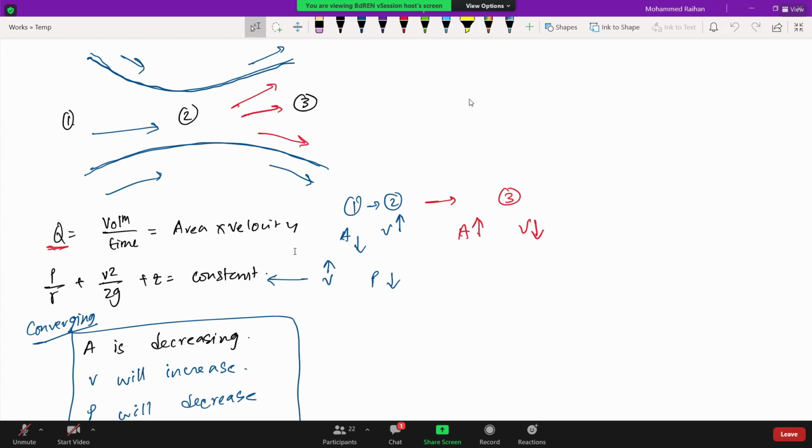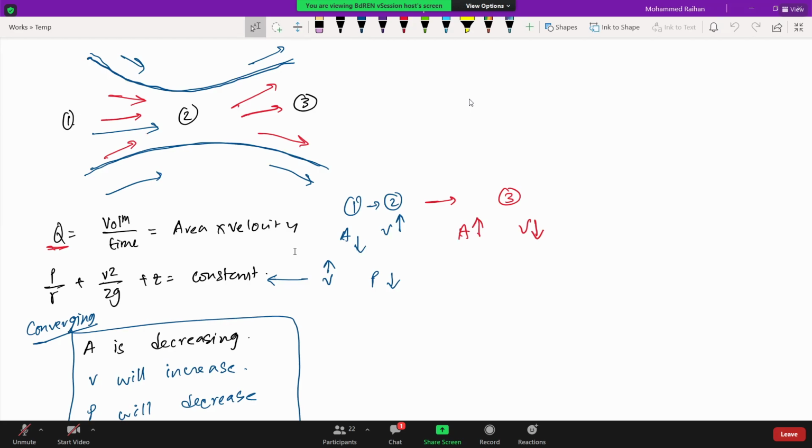If it is going through a contraction, the velocity will increase. The contraction and increasing velocity, the tap is the best example. If you just hold part of the tap, you will see that the fluid coming out will flow at a much larger speed. You can just try it out today in your washroom.